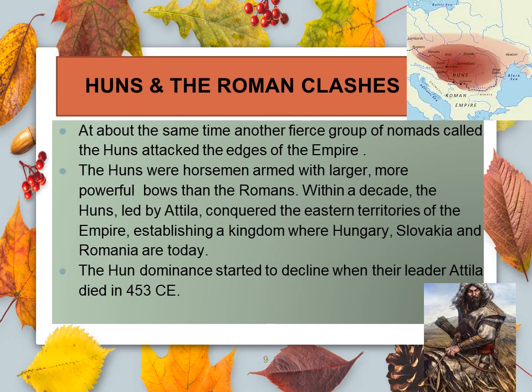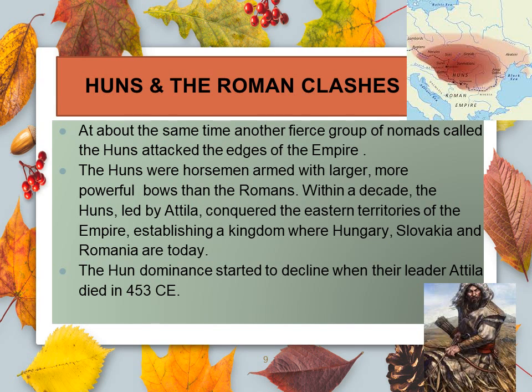Today, this Eastern Roman Empire, which was once a part of the Huns, is now three countries: Hungary, Slovakia, and Romania. The Huns were actually doing so well, but after a decade, after 10 years, they realized that their power started declining.